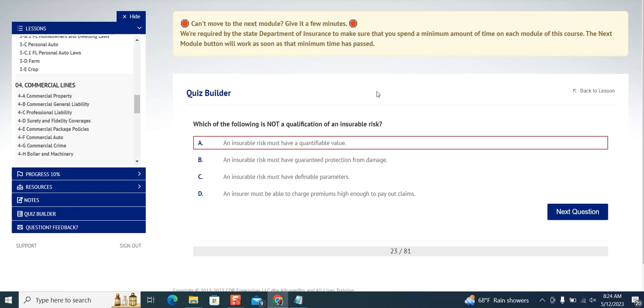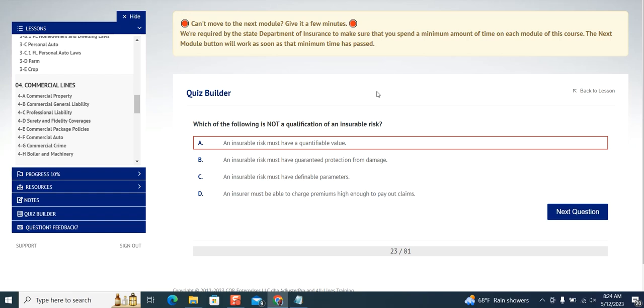Good God. Let me see. What do I think the answer should have been? An insurable risk must have guaranteed protection from damage. An insurer must have definable parameters. An insurer must be able to charge premiums high enough to pay out claims. Which one of the following is not a qualification?